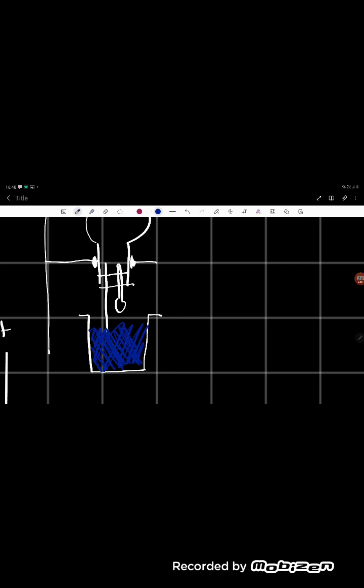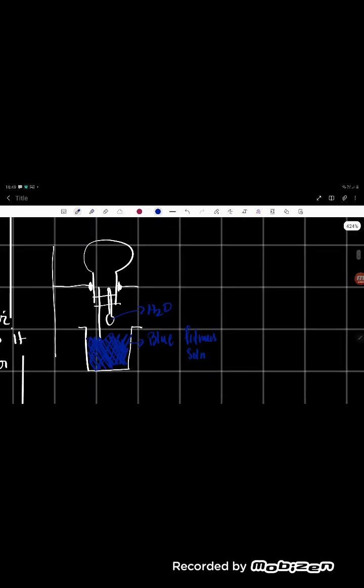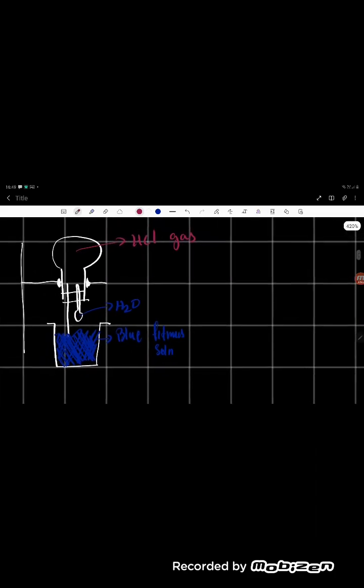This blue fluid is called the blue litmus solution. Now the dropper contains water, and on top we have the HCl gas. I'll write it down here.